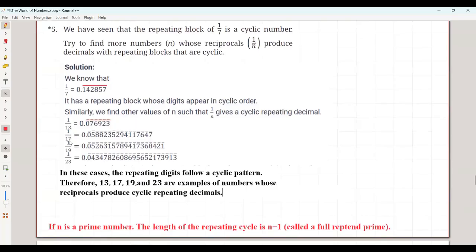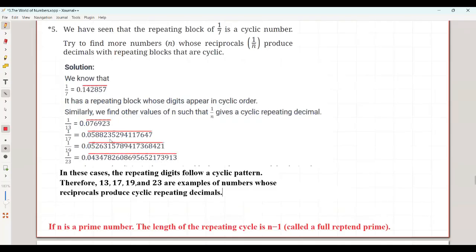Next, 1 by 17 also gives a cyclic number; the repetition starts after 16 digits. 1 by 19 repeats after 18 digits. 1 by 23 repeats after 22 digits.